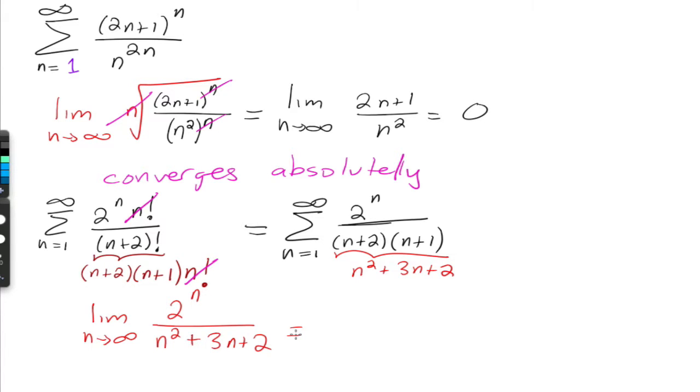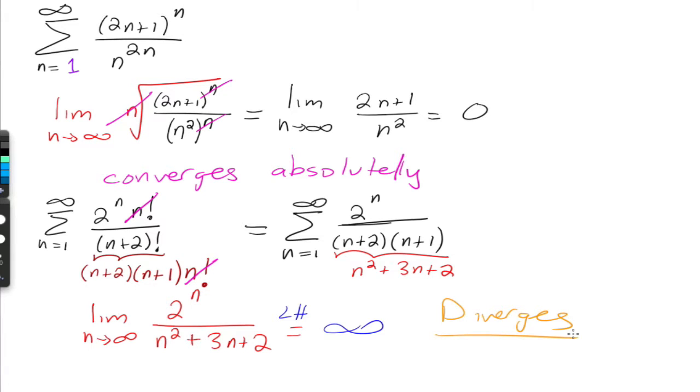Infinity over infinity, right? But if you do L'Hopital's rule, what happens after a couple times? Yeah, the bottom is going to go away, and the top is going to be there. So you do L'Hopital's rule twice, and you see that this is actually going towards infinity, right? So what does that mean? Yeah. Diverges.